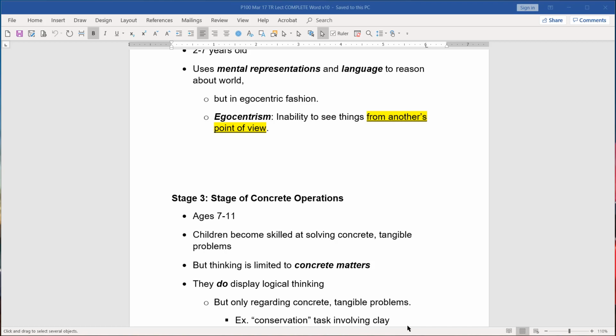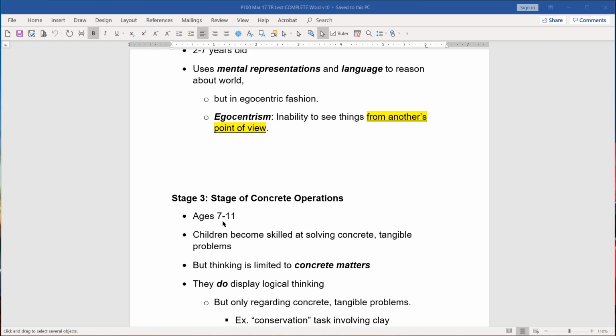Watch what I'm about to do to it. I take the ball of clay and I roll it out so it's thin, it's sausage shaped now. And I ask the child, is there more clay now? Is there less clay now? Or is there the same amount? A young child that's early in this stage, a 7-year-old, might say, there's more clay now. Well, how do you know?